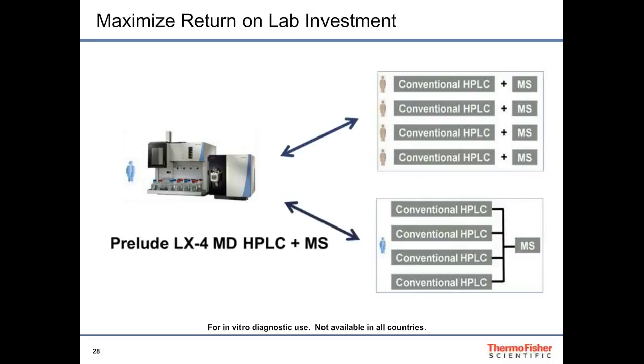This bundle fits in a space that would be taken up by a single LC-MS system and uses the electrical connections, nitrogen gas, and argon gas of a single LC-MS system. Yet, the Prelude LX4 Endura bundle can handle 4 times the workload of a single LC-MS system.